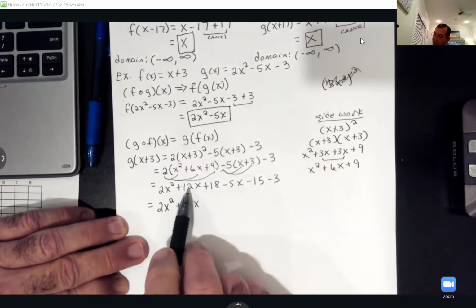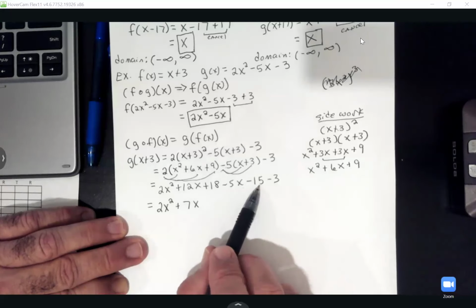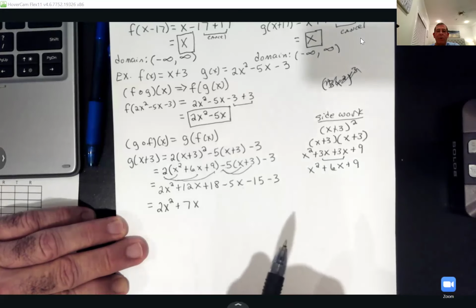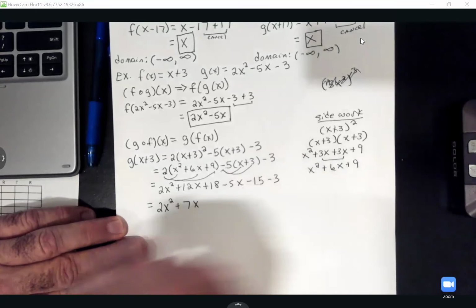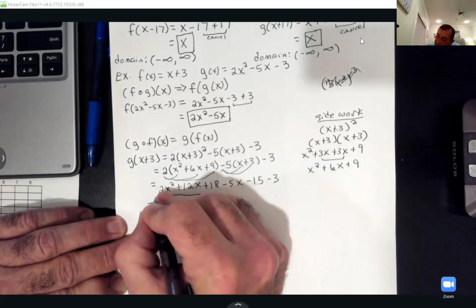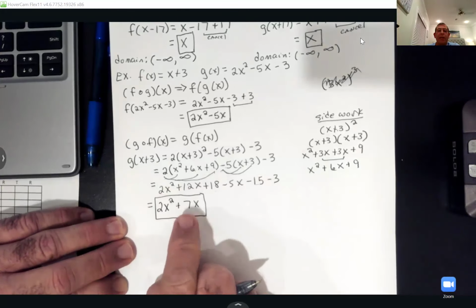And then that takes care of my x's. So now I got the 18 and the 15 and 3. Minus the 15 minus the 3. Ooh, well, guess what? They cancel out each other. That -18 here cancels that 18. So our final answer is 2x squared plus our 7x.